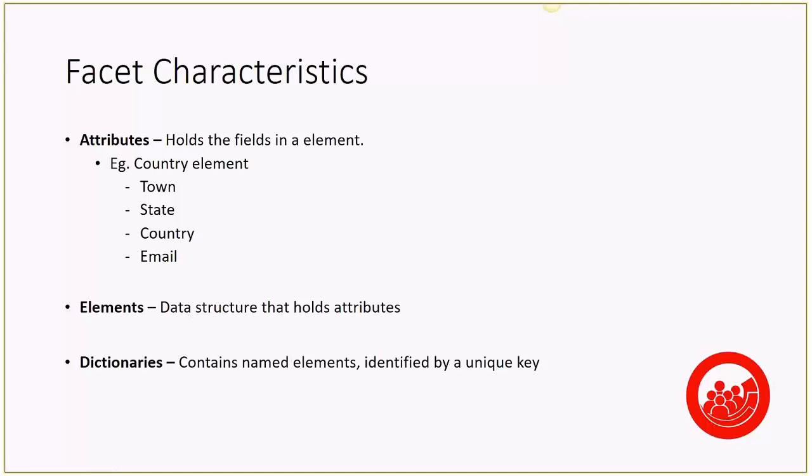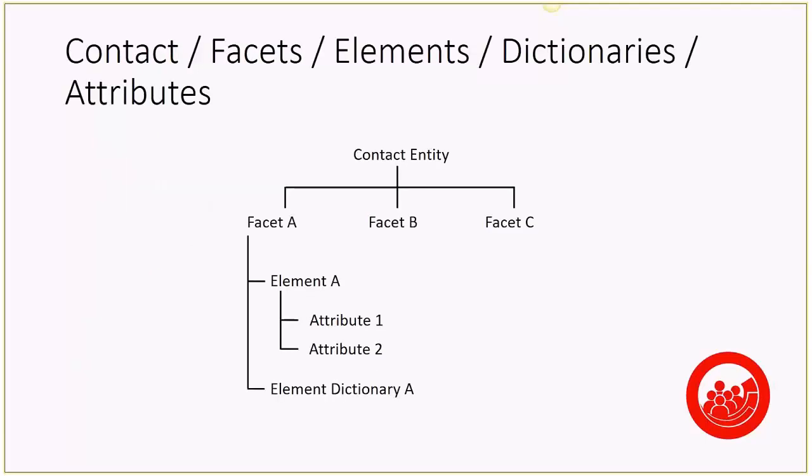It can hold other elements as well. So facet is the place where we have a list of elements or an element. That's where we do the groupings of these elements and create the grouping. So that is the data structure. I hope that this is more clear now.